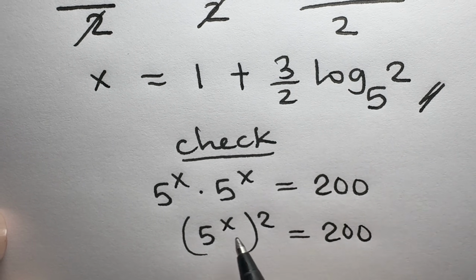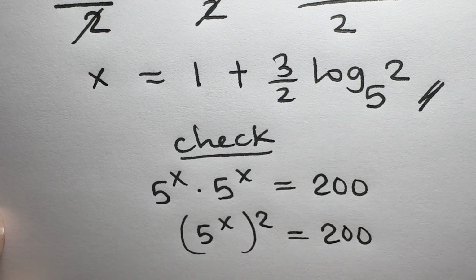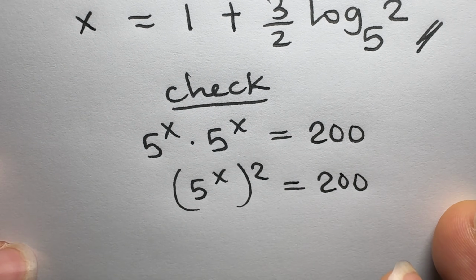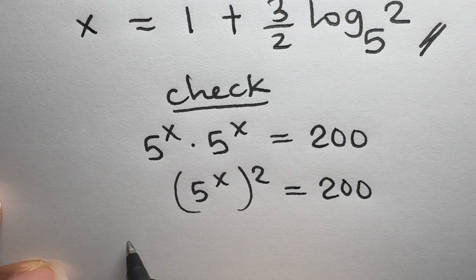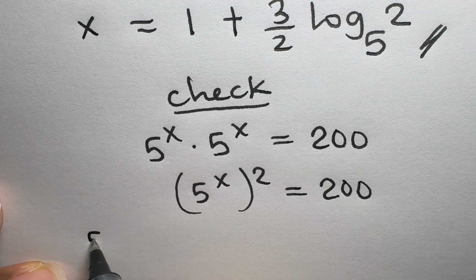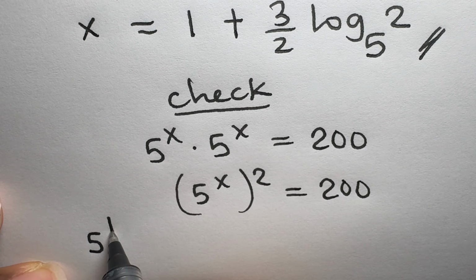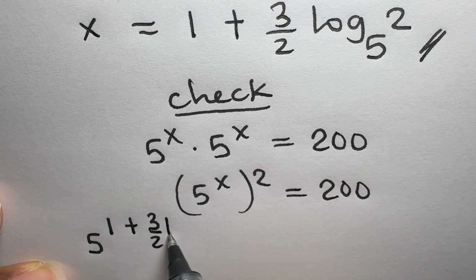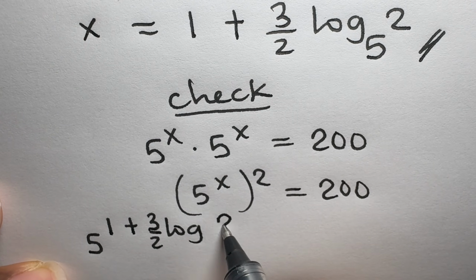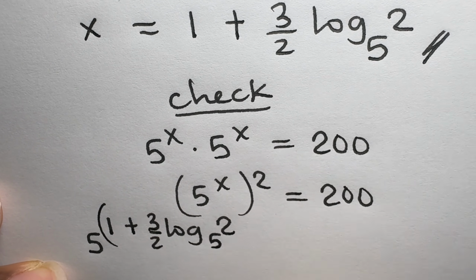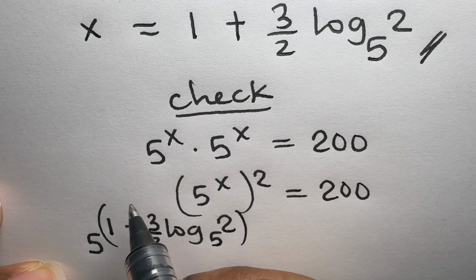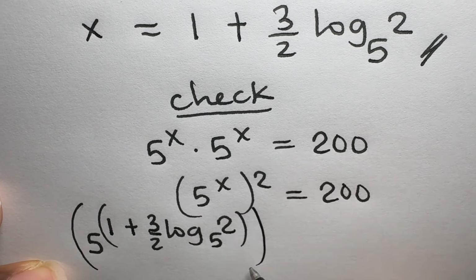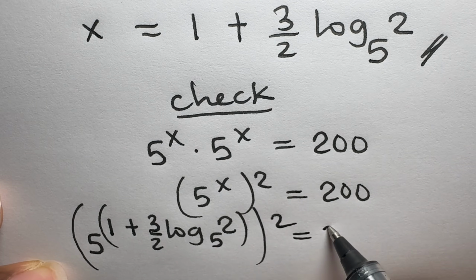Not much has been done from here, so we can still substitute into here. And this will give us 5 raised to power (1 plus 3 over 2 log 2 base 5), then all of that raised to power 2 to give us 200.